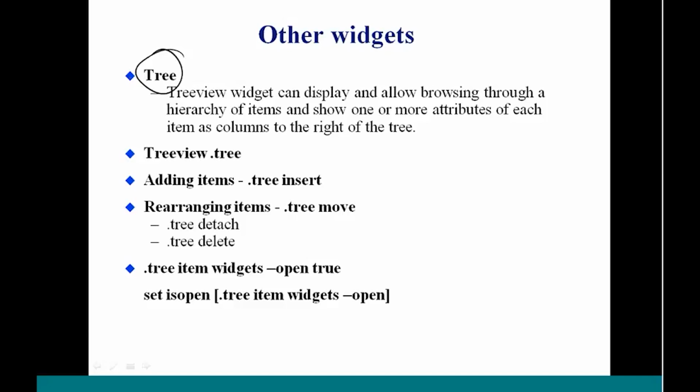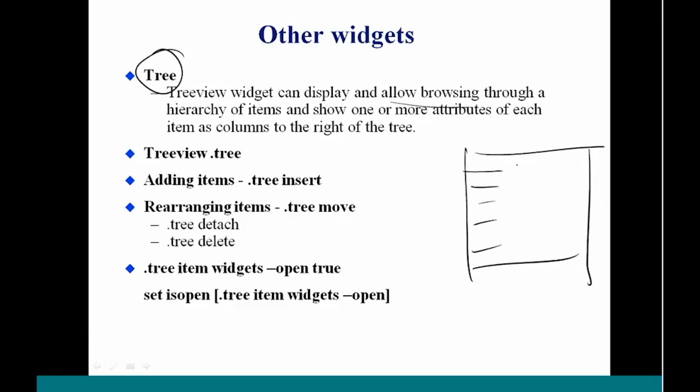The tree view widget can display and allow browsing through a hierarchy of items and show one or more attributes of each item as columns to the right of the tree. So you have each item displayed, and on the right hand side there are columns displaying its attributes.